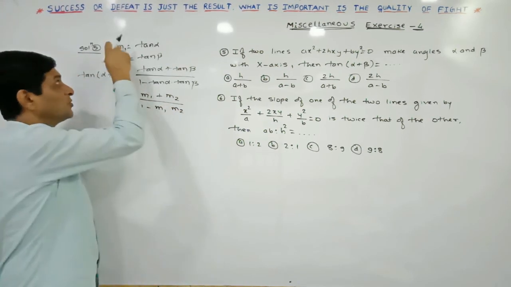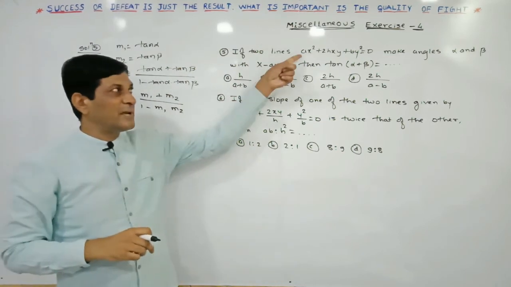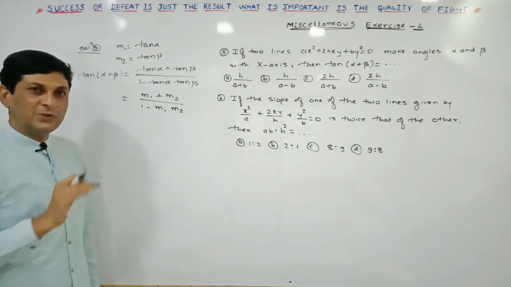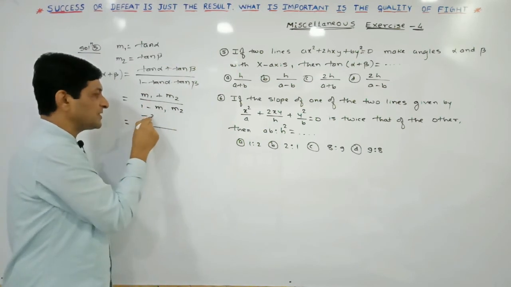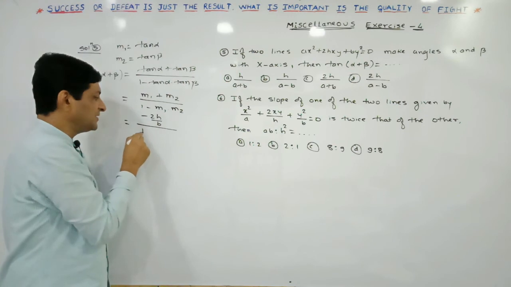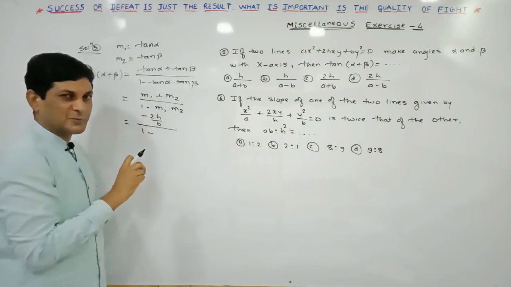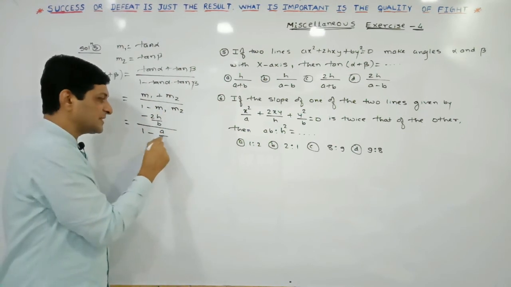Now what are m1 and m2? They are the slopes of the lines represented by this homogeneous equation, and we know that the sum of the slopes is minus 2h upon b, and the product of the slopes is a upon b.